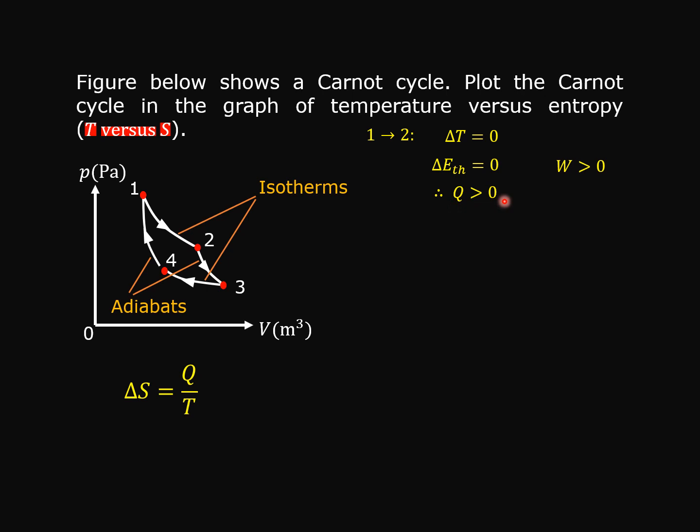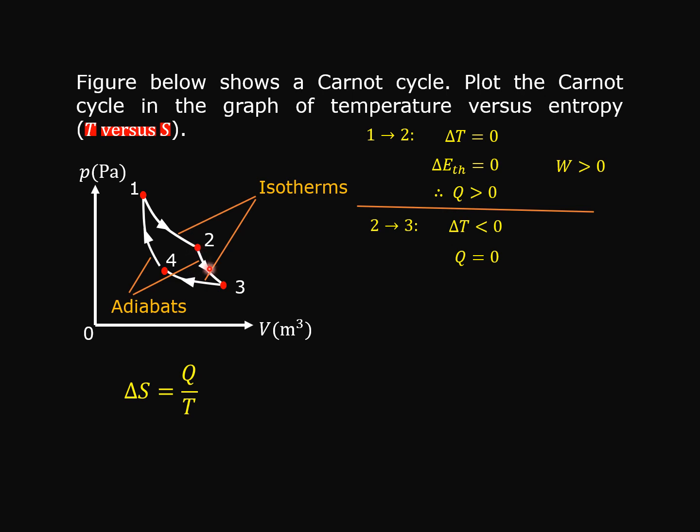Based on the first law of thermodynamics, Q is equal to the internal energy change plus W. Since the internal energy change is 0 and W is larger than 0, the Q in this process, when the state changes from 1 to 2, is larger than 0. This means that heat is absorbed by the gas in the process 1 to 2.